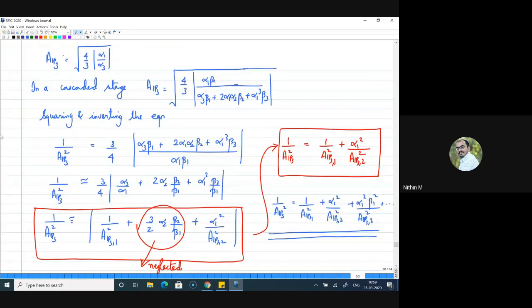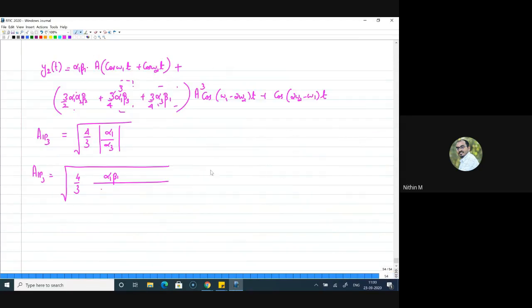I'm asking with respect to this here, this 3 by 2 alpha 2 beta 2 by beta. Yeah, so thank you, Nikhil. Amplitude of intermodulation components is less. No, if you look at the intermodulation component at the output, what we have written here, the intermodulation component is in fact the sum of these three terms, right?